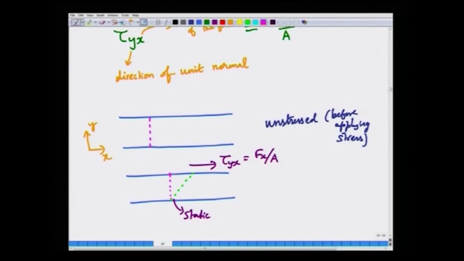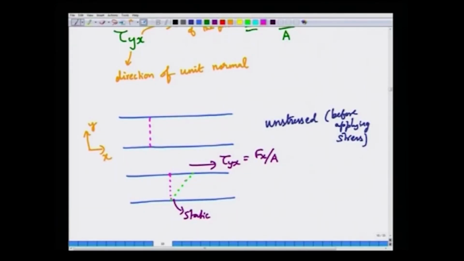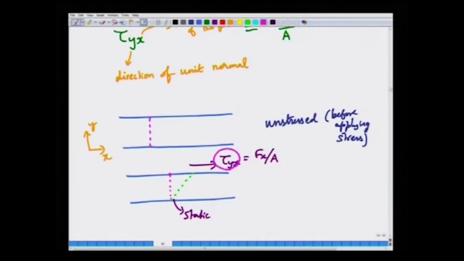So, in general, an elastic material deforms upon application of shear stresses, but the points do not continue to keep deforming. After achieving a certain deformation, the material stops deforming. So, if you apply a given stress tau y x, you do not find that the material keeps on deforming.